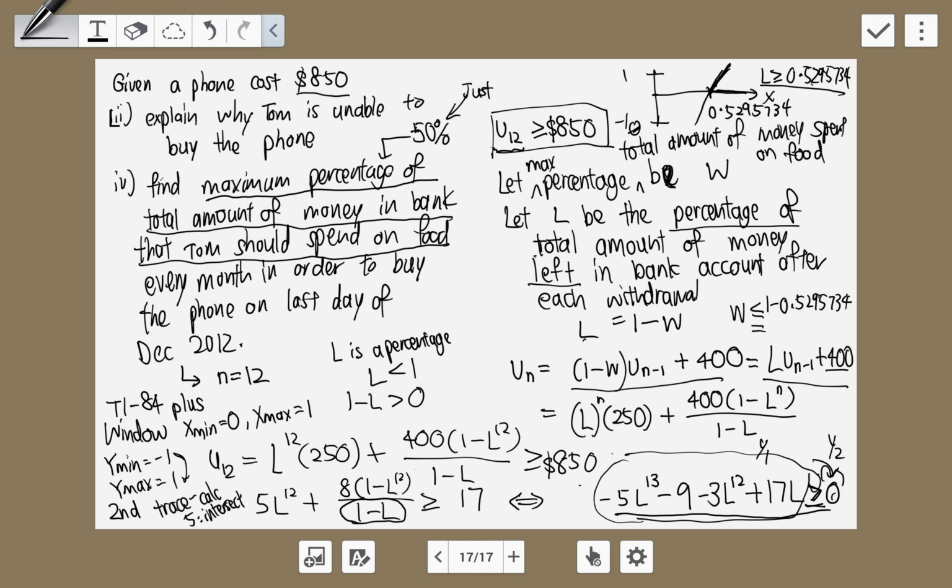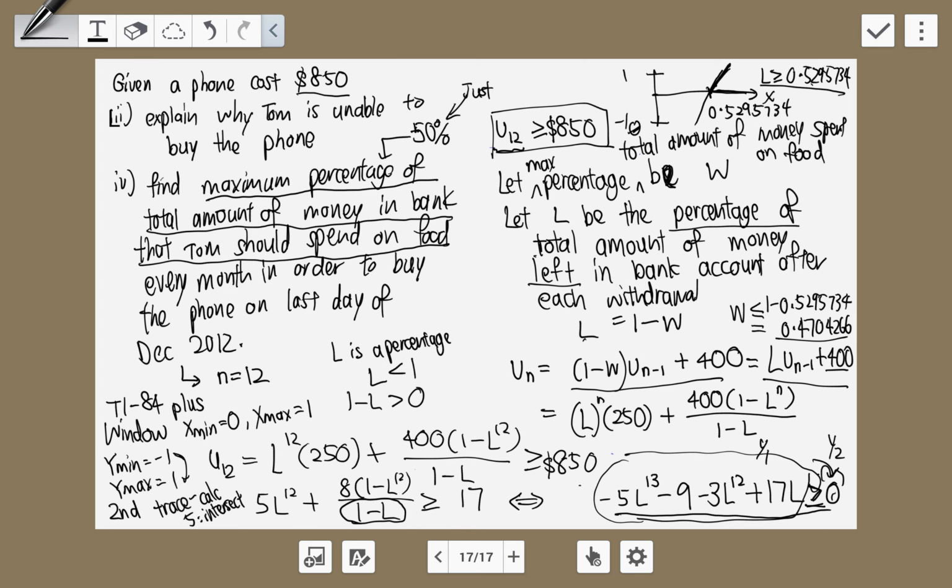I'll take 1 minus 0.5295734, and that is approximately 0.5470466. Okay, this is the maximum.